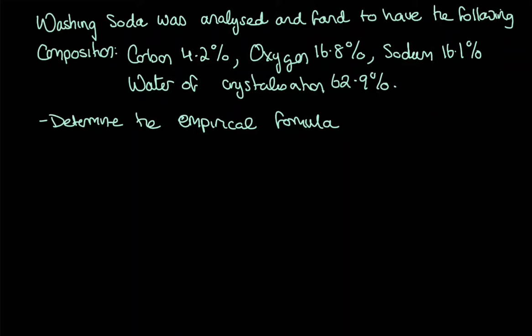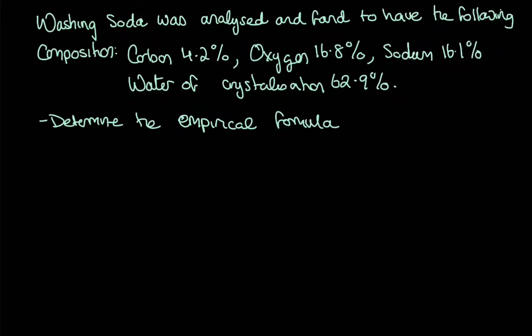Okay, so we have washing soda that was analysed and found to have the following composition: carbon 4.2%, oxygen 16.8%, sodium 16.1%, and water of crystallization 62.9%.